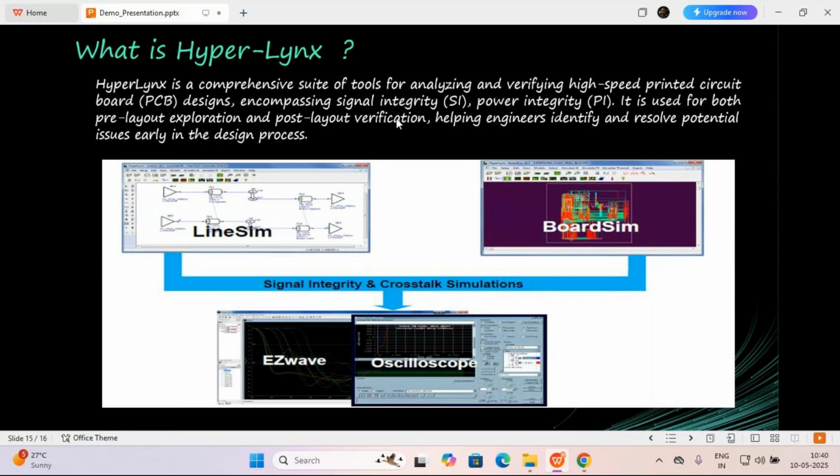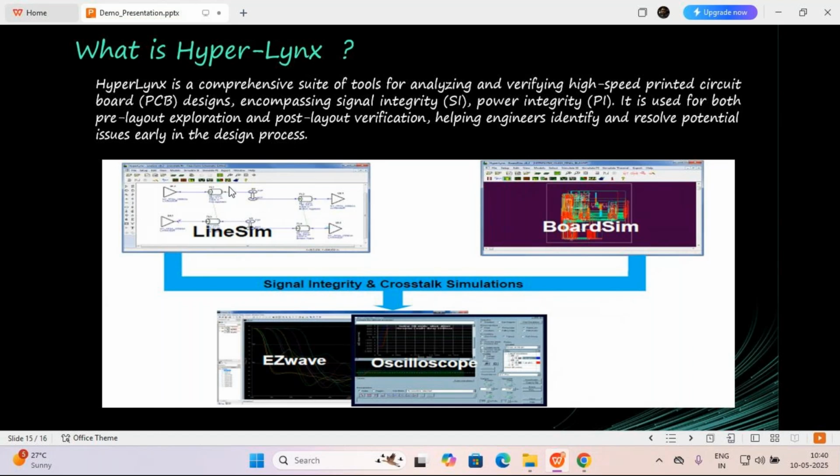Everything you do in the tool. For that, we have a tool called LineSim. LineSim is used for pre-layout, which I showed just as an example, where you can study the behavior of the electrical circuit. It has the power to do crosstalk analysis, DDR analysis, and many types of compliance, which I will explain in the next slide.